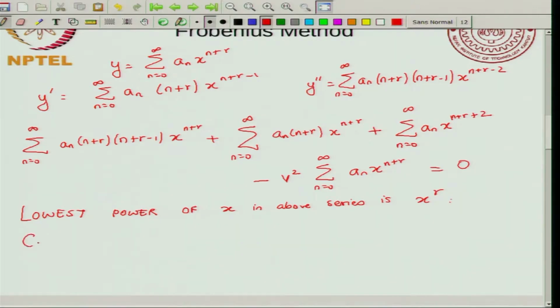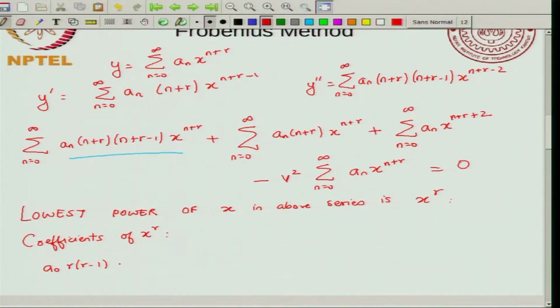Okay, now you look at the coefficient of x raised to r. In this sum you have to have n equal to 0. So if n equal to 0 in that sum, then what you will get is a 0 into r minus 1, and then you have x raised to r.